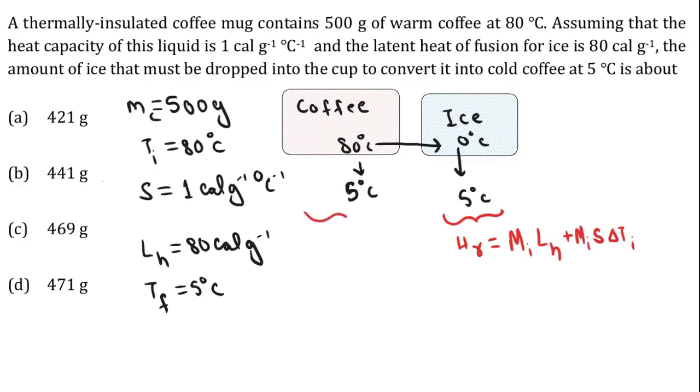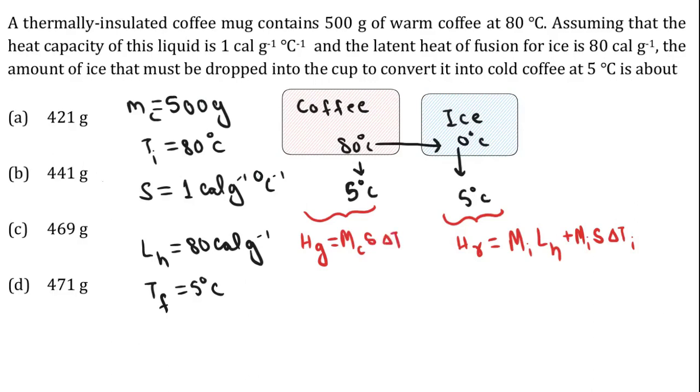And for this process to happen, there is a heat that it needs to give somewhere else so that it can come to a lower temperature. So this must be equal to the mass of the coffee times the specific heat multiplied with the change in temperature.